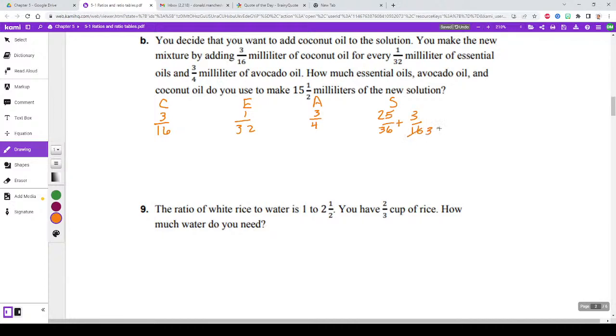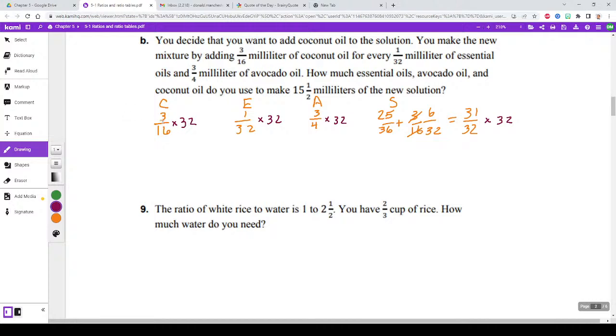Well, we need a common denominator of 32, so that's going to become 6/32. So we have 31/32 of a milliliter of solution. Well, again, we don't want that denominator of 32 there, so we're going to multiply through by 32 to each term, just like we did last time.